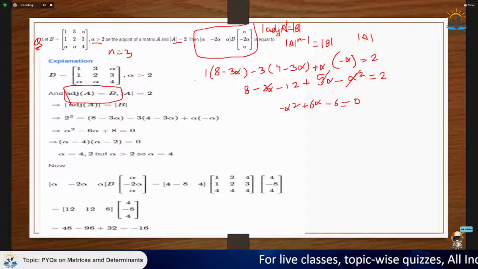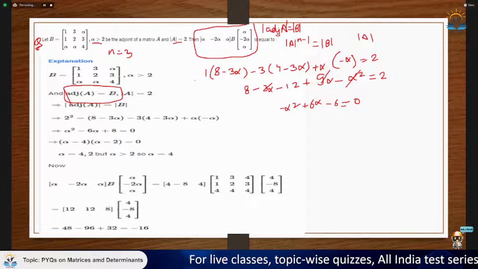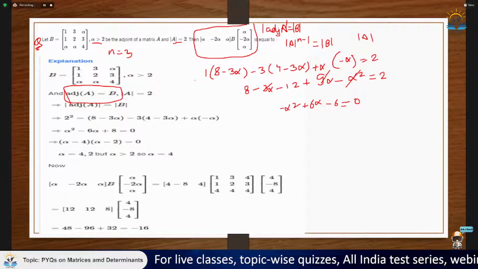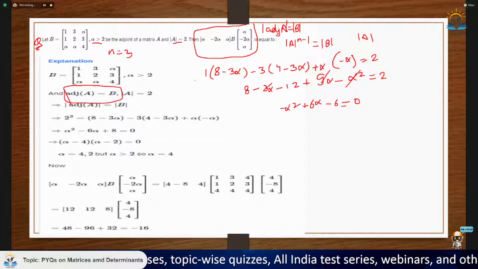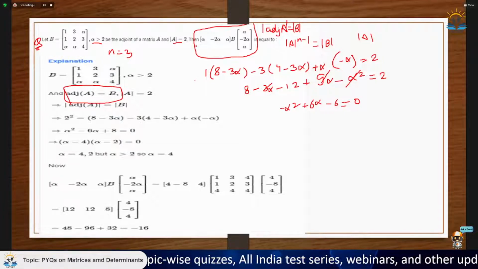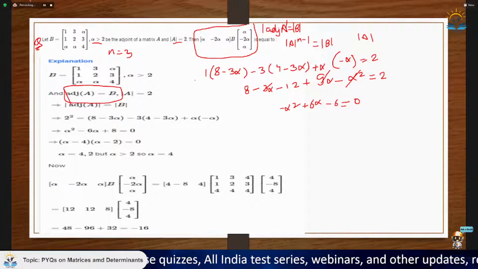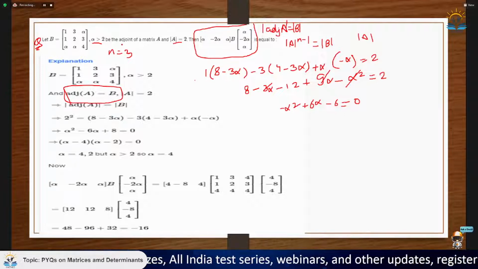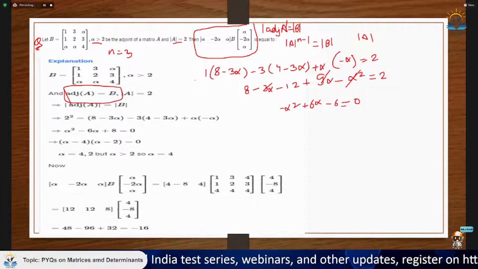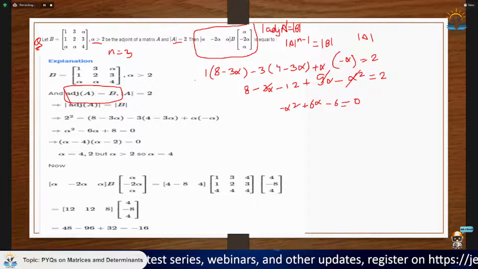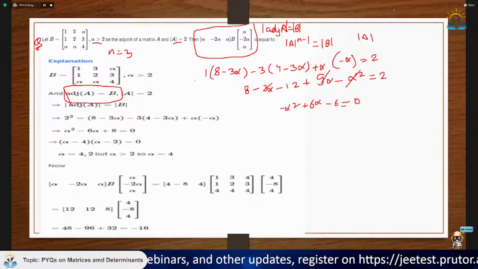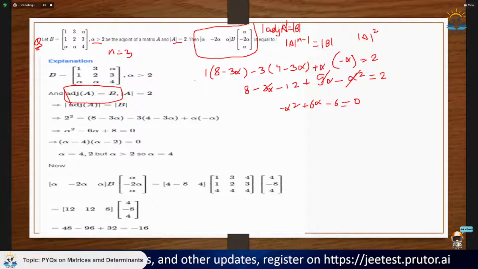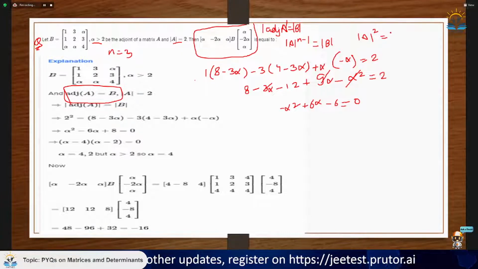Since the adjoint of A is equal to B, and we know that the order of adjoint A is the same as the order of A, so the order of B would be the order of A only, that is 3. So n is not equal to 2 but n is equal to 3, because we know that the order of adjoint matrix is equal to the order of the matrix only. So since the order of adjoint matrix is equal to 3, my order of A would also be equal to 3. So determinant of A power 2 is equal to determinant of B.